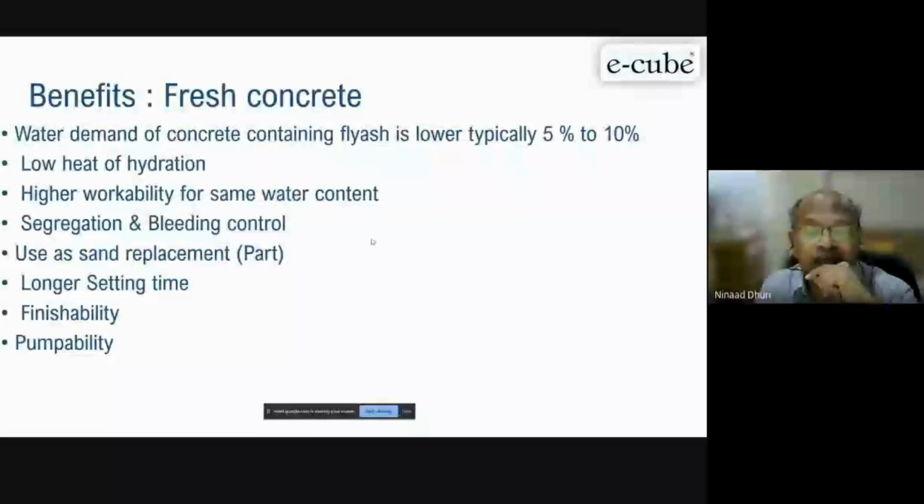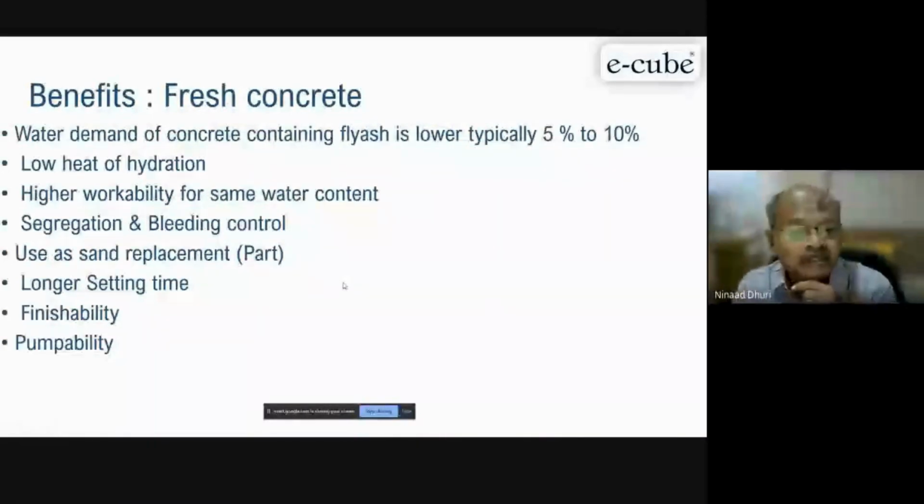Pumping is otherwise very difficult. Very good finishes. Very low permeability. Lot of benefits are there. And then you can use it partly as a sand replacement also. Suppose you have a sand lacking in fines, then definitely we can use this as a partial sand replacement to get very good concrete.